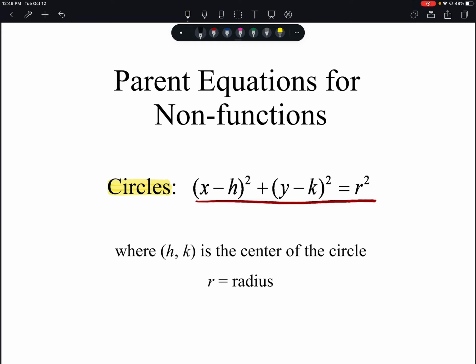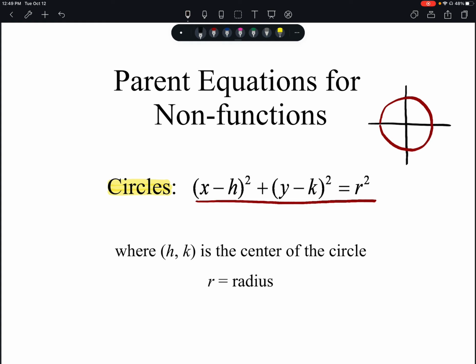Okay, but we call this a non-function because, remember, any function is defined as a relation in which each input has exactly one output. And in this case, if you think about a circle, you've got your top half of your circle, and then you've got your bottom half of your circle.